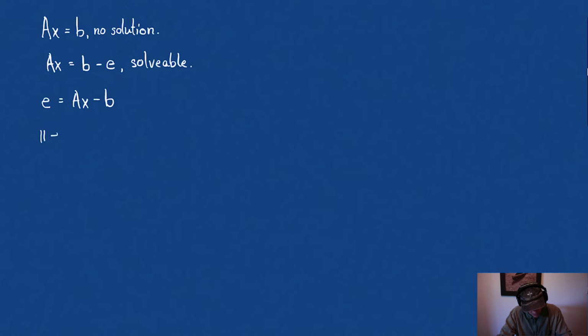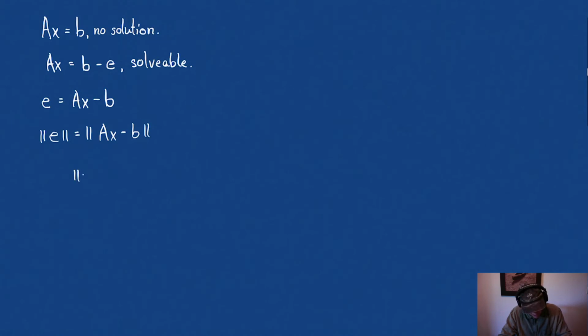Length is something we can measure. So if we take the length of both sides, the length of E is equal to the length of AX minus B. Now, there's a reason we don't like to deal with the length, and that's because there's a square root. Square roots are just big and difficult to deal with. So what we do is we square both sides, and I'm going to leave a little space on the left.